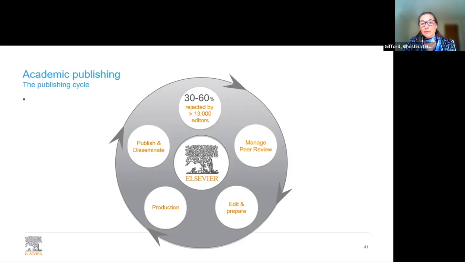Articles that aren't rejected up front will undergo peer review. Currently, we work with around 560,000 reviewers to evaluate these articles, and of these, around half get accepted after minor to major revision.